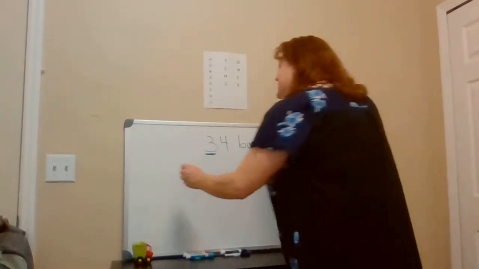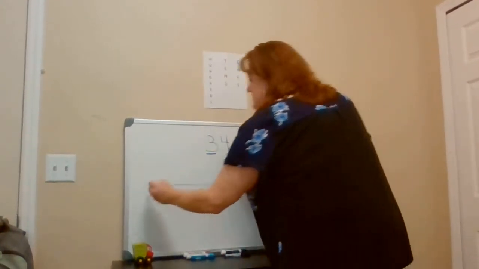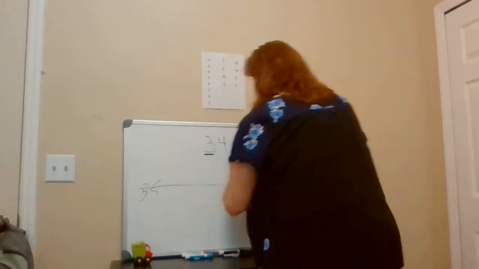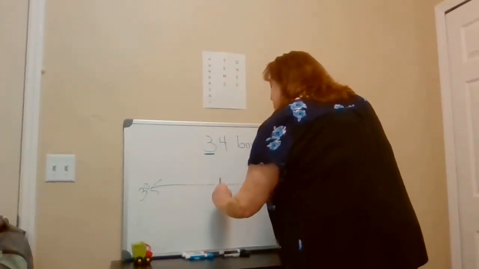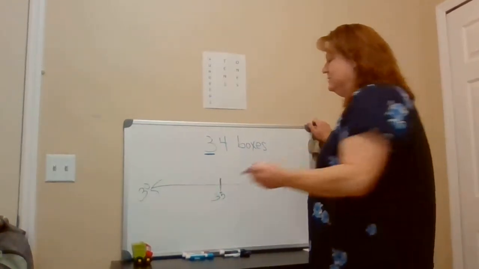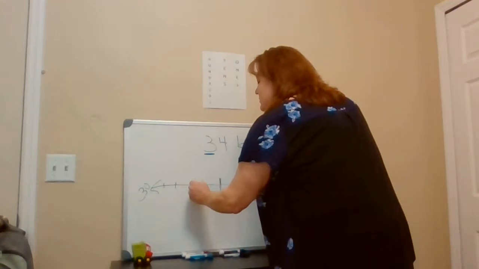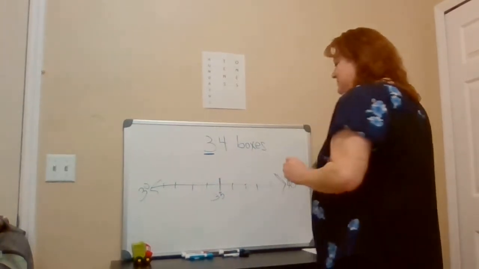If I wanted to round that number to the nearest 10, let's look at a number line. So we had 30 over here, 40 over here, and let's say this is 35, okay? Now we have 30, 31, 32, 33, 34, 36, 37, 38, 39.